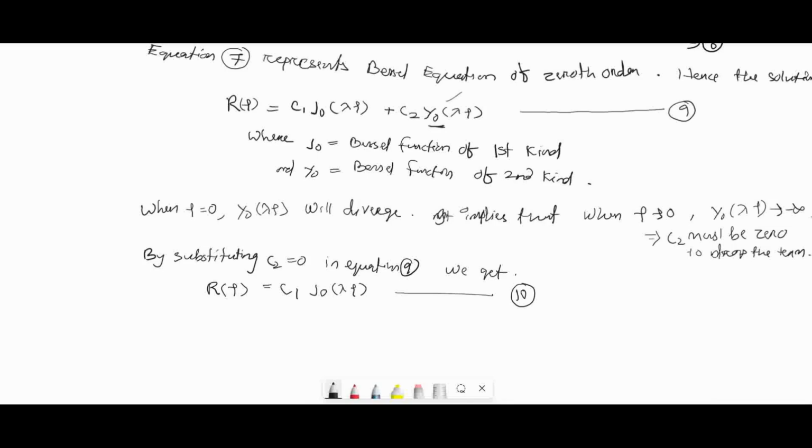Now we have one condition: when ρ is equal to 2, for any value of z, the value is 0, because we are along the curved surface.